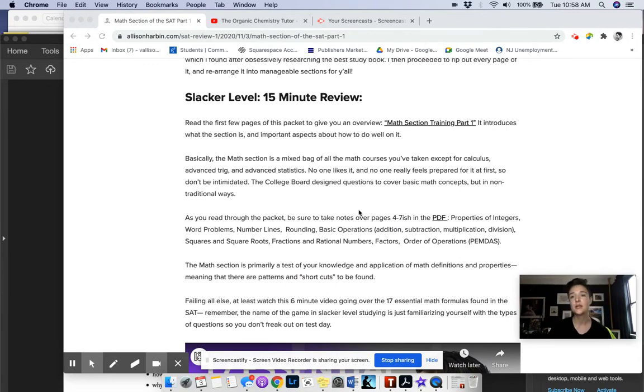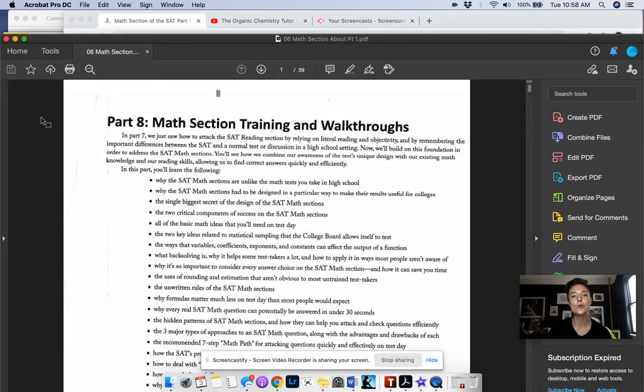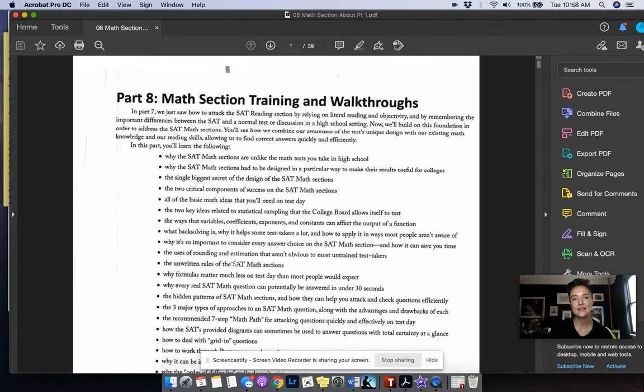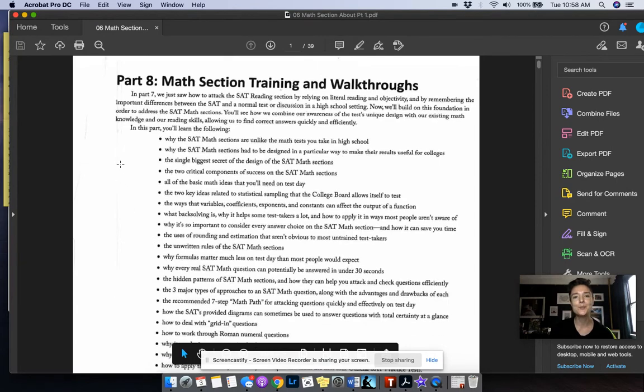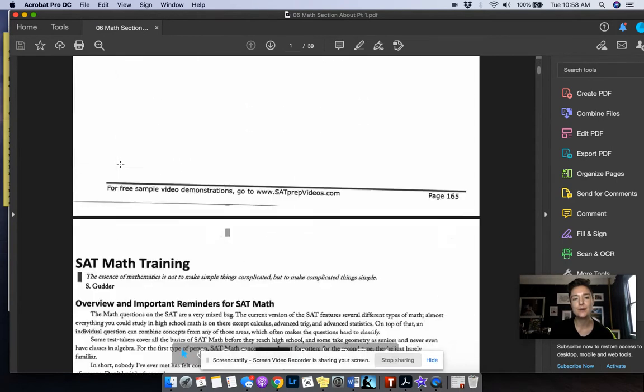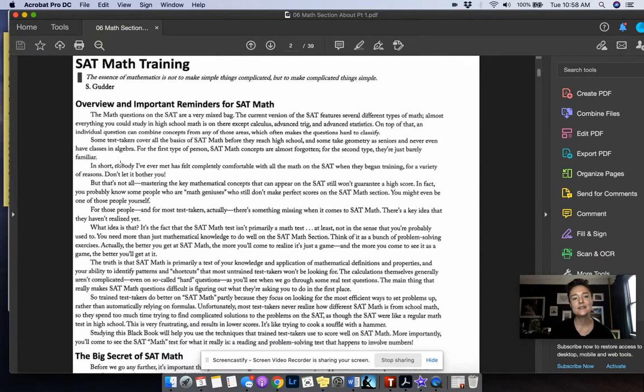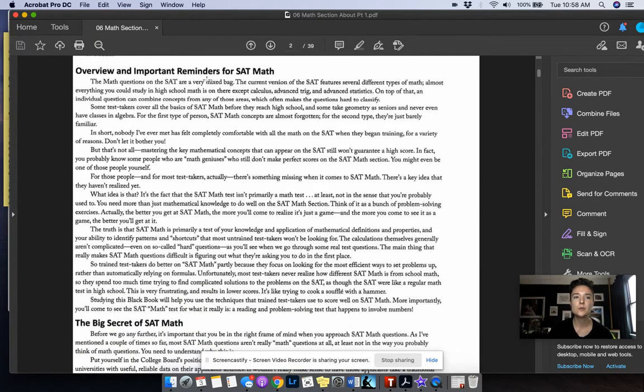I know, George. Anyway, so let's go over, here is the PDF that I have scanned in for you guys. Sorry for the wonky scanning. But this guy's super wordy, so basically just skip, here's the overview and important reminders of the SAT math class. And this is really good for this sort of textbook, and also for textbooks in general.